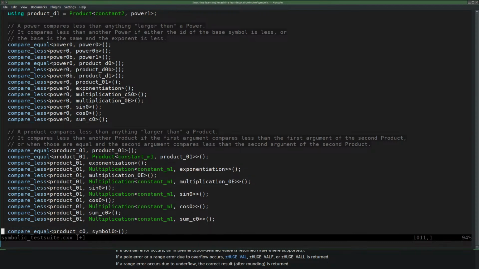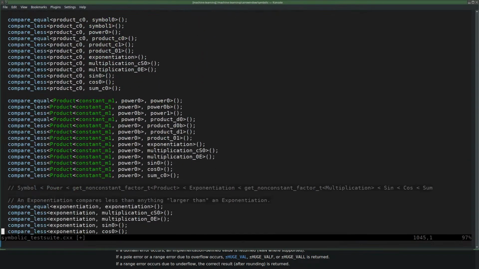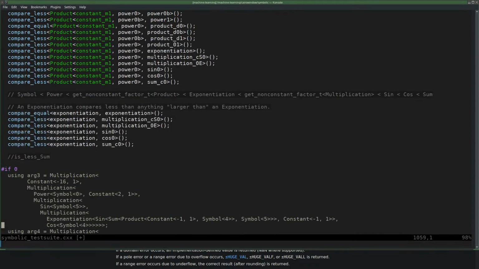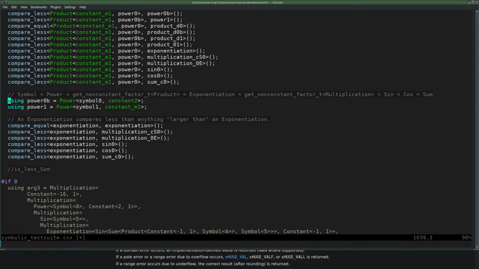Right. This is way too much to compare, man. I don't like it at all.